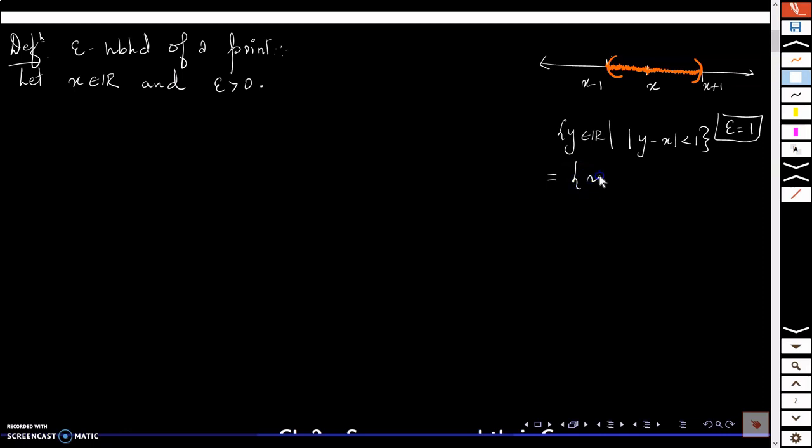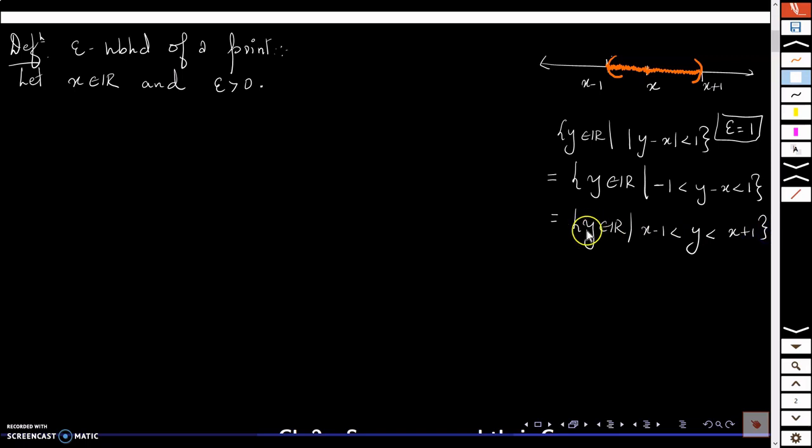So this is nothing but the set of all real numbers y such that mod y minus x is less than 1, and by properties of absolute values I can write that as minus 1 less than y minus x less than 1, right? And I can further add x throughout, so that will give me x minus 1 less than y, and when I add x here, the minus x will cancel out, and that is x plus 1.